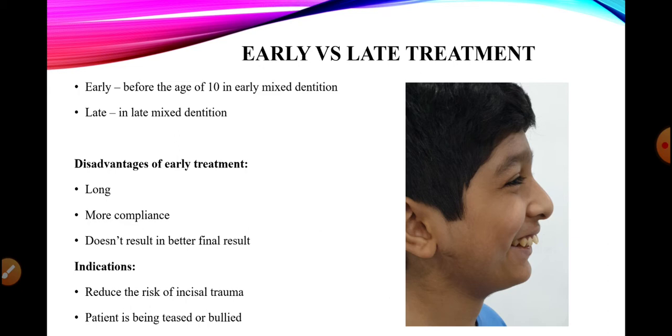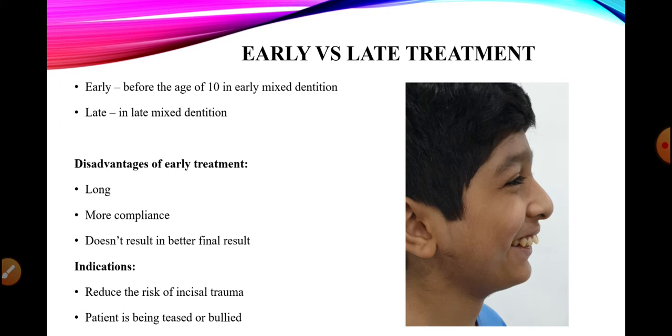And secondly, when the patient is being socially disturbed or teased or bullied, in those cases you definitely should prefer an early treatment, so that the patient has a better profile earlier, and does not develop any psychosocial or psychological stresses.